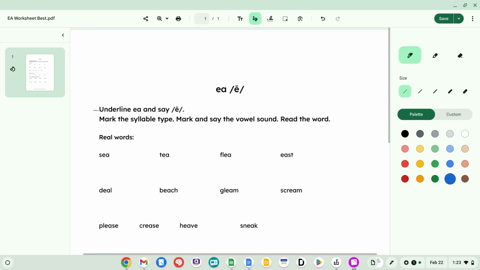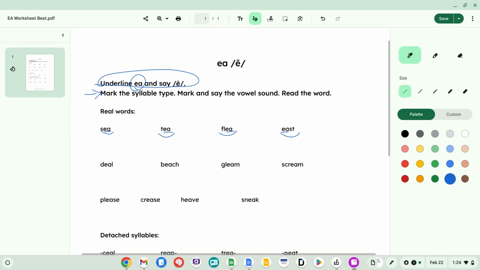The first part is I would like my students to start to read the words, and I want them to focus on that EA says E. So when they underline EA, they say E: seat, eat, flea, east. Now, if you have taught your students how to mark up syllables, they would underline the same.